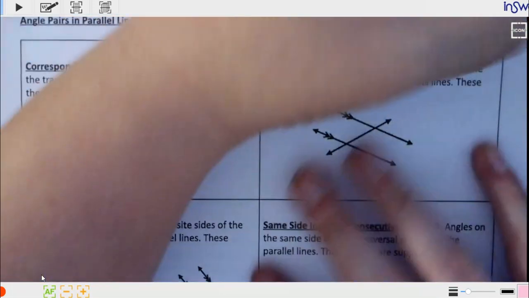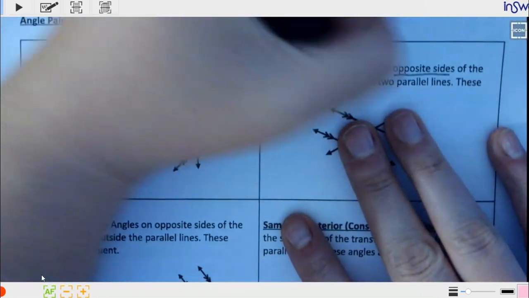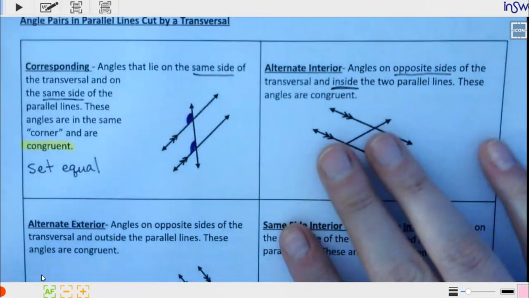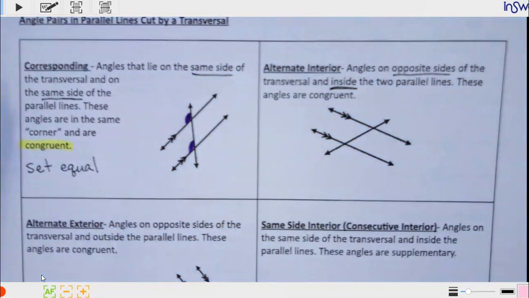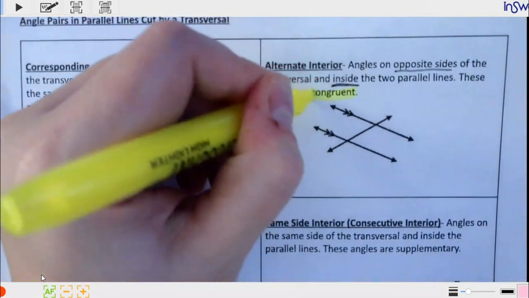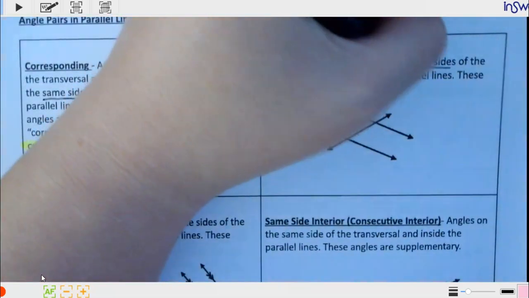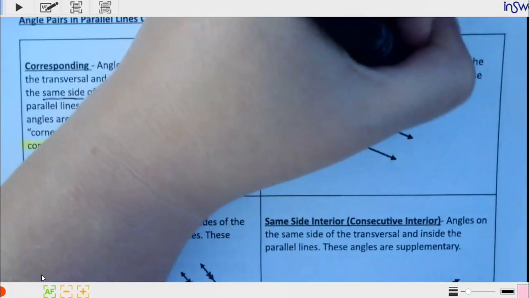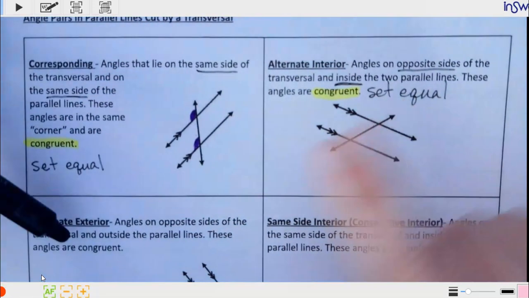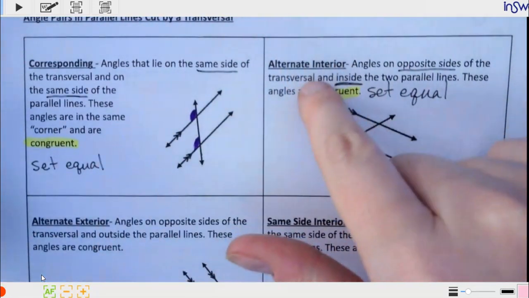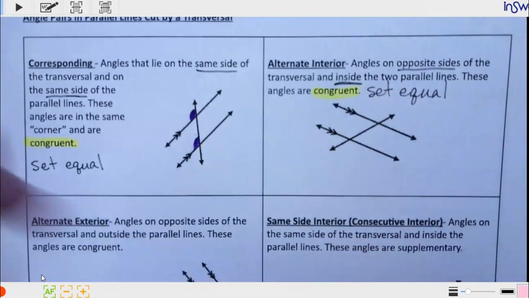All right, alternate interior angles are angles on opposite sides of the transversal, and they're inside the two parallel lines. These are also going to be congruent. So remember, congruent means to set equal. This is just to help us remember, if you have alternate interior angles, they're going to be congruent. You set equal to solve for x.